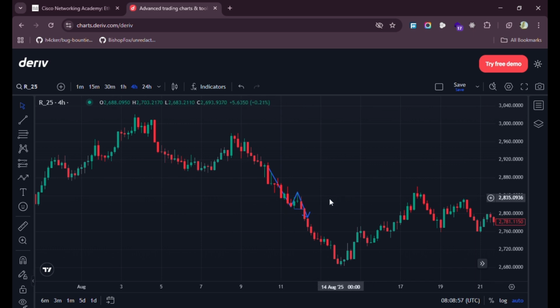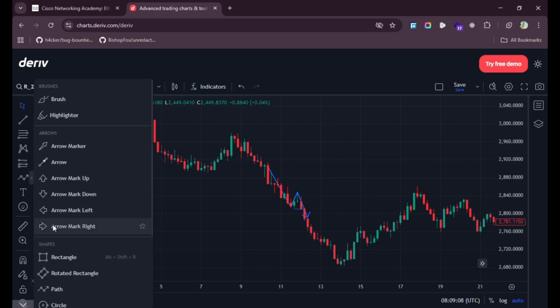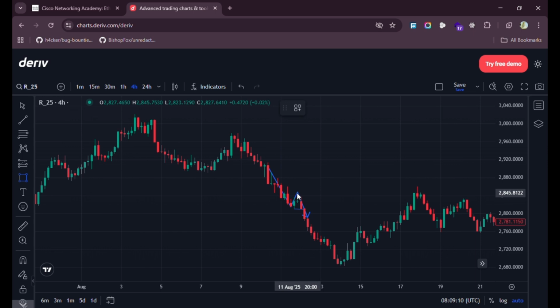So before this structure, there is another order block here. This is a very strong point. We have this order block.